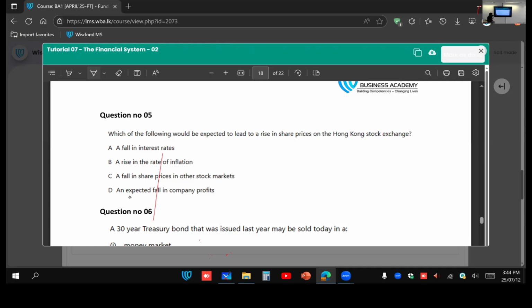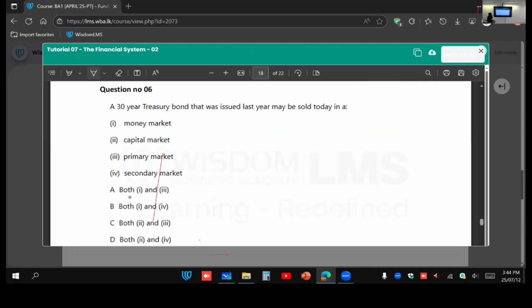Question number 6. A 30-year treasury bond that was issued last year may be sold in which market? Can it be the money market?